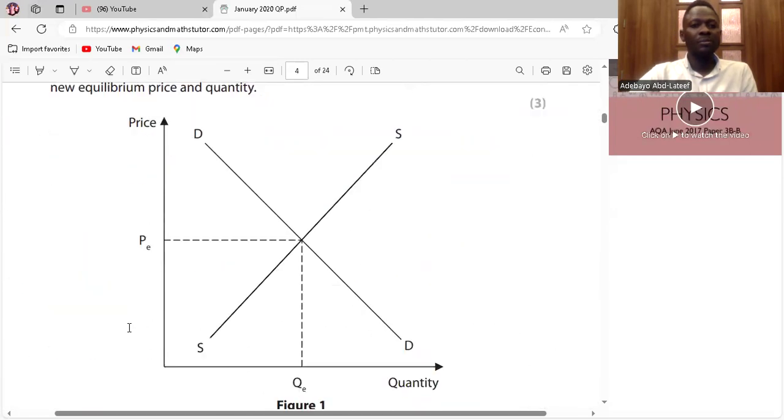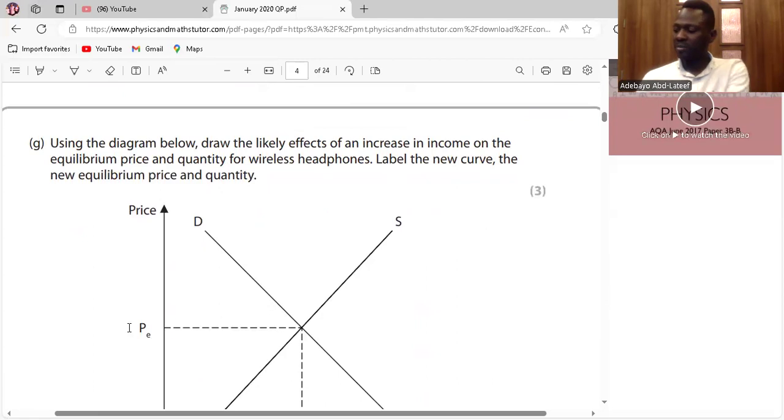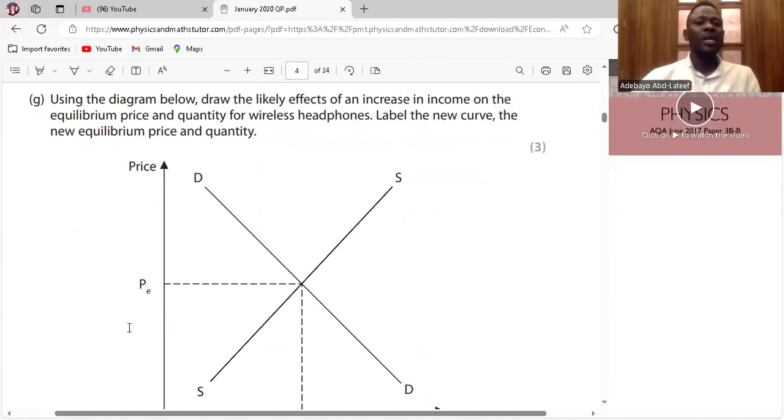So move on to question G. Use the diagram below to draw the likely effect of an increase in income on the equilibrium price and quantity of wireless headphones. So if income increases in the economy, what does it imply? It means goods like these are normal goods.